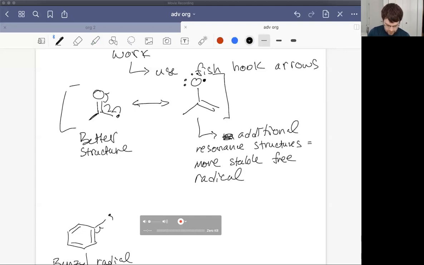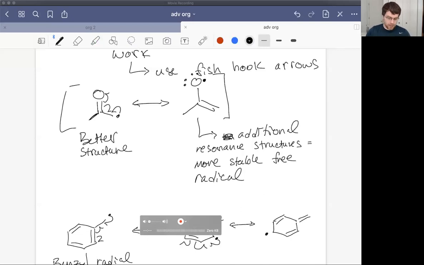We could provide some stability now through the pi system and draw a bunch of resonance structures. Now, obviously, we break aromaticity, but we still provide some stability for our free radical intermediate by just pushing the free electron around the ring system.